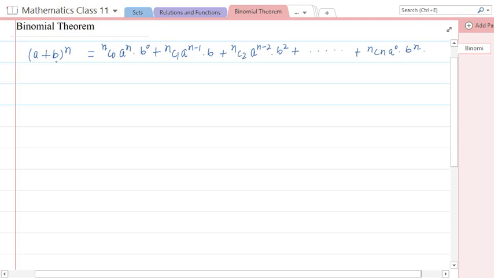Here a and b are two terms and both are real numbers, and n is a rational number or positive integer.